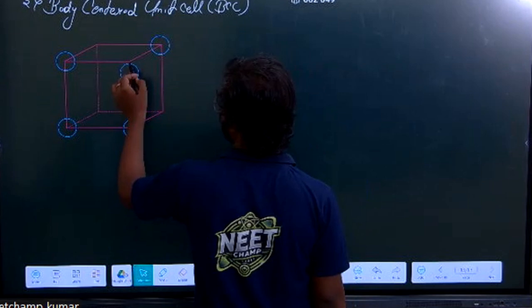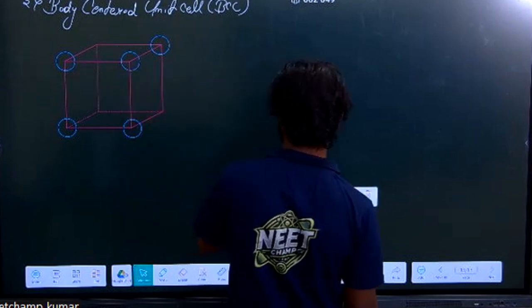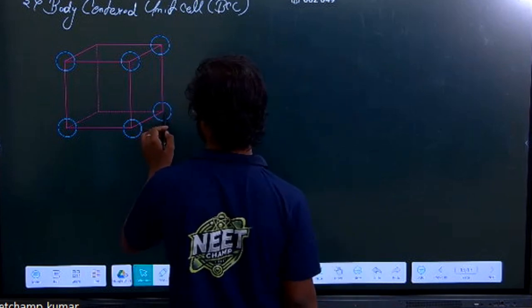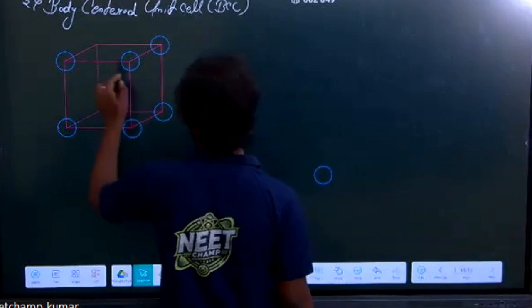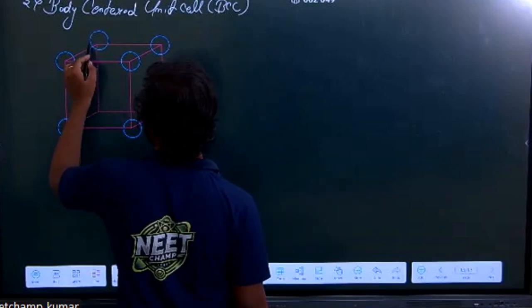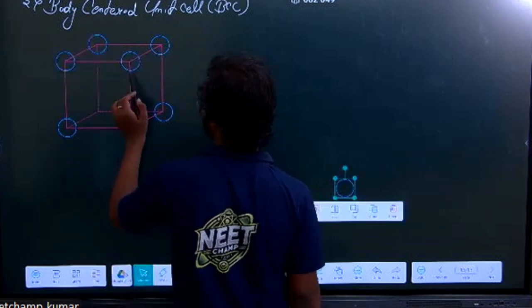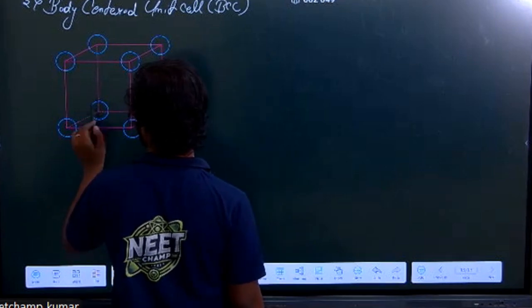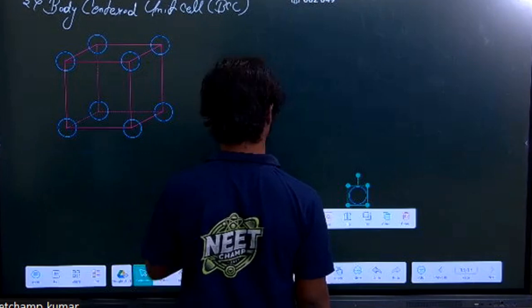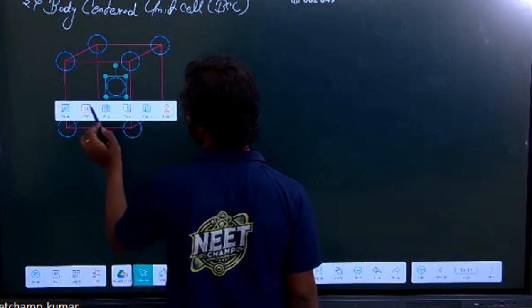But what is different in BCC is that there will be one atom completely inside the cube, at the center.